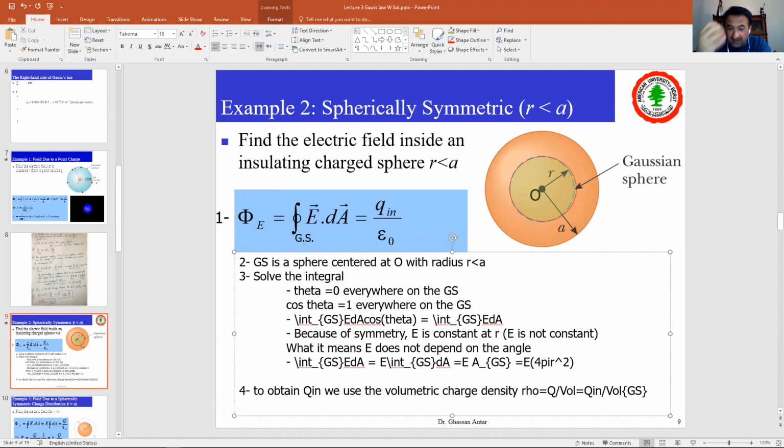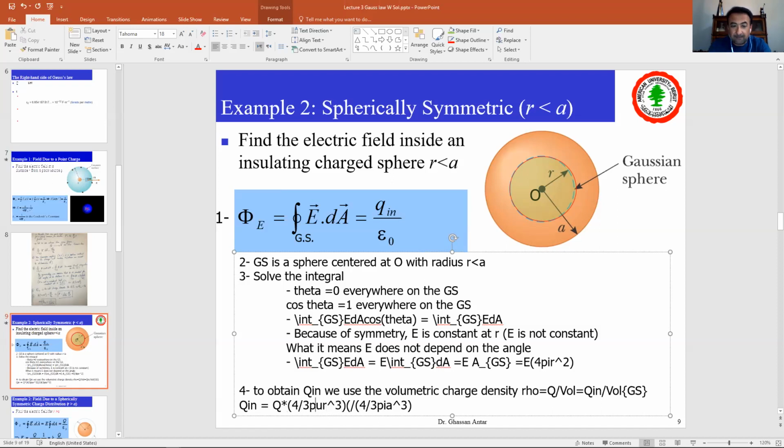I'm going to have my Qn, which I want, equal to the initial charge Q, and I have the radius A. So basically I have Q divided by 4/3 pi A cubed, multiplied by the volume of the Gaussian surface, 4/3 pi R cubed.